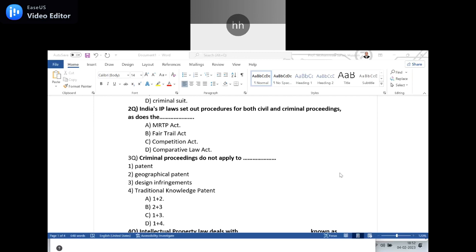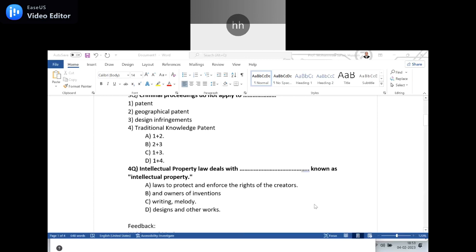Criminal proceedings don't apply to number 1, patent, and number 2, design infringements. In these two cases, criminal proceedings don't apply. So the right answer is C, 1 plus 3.